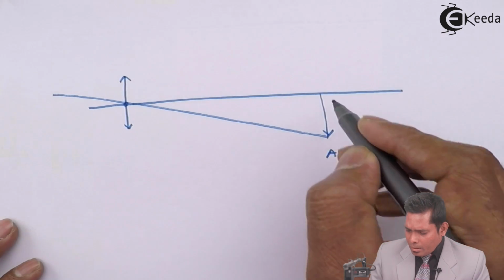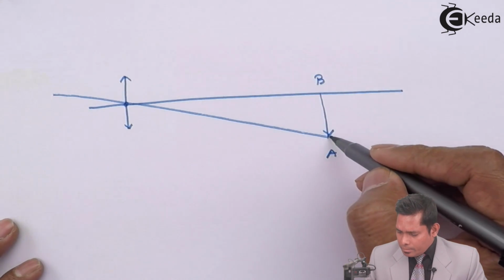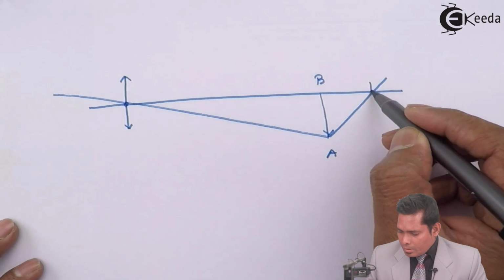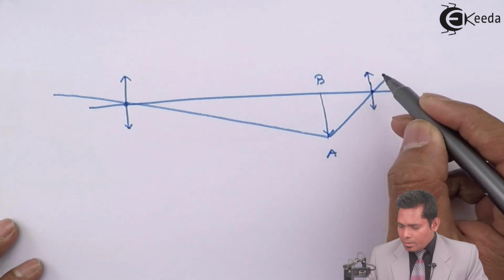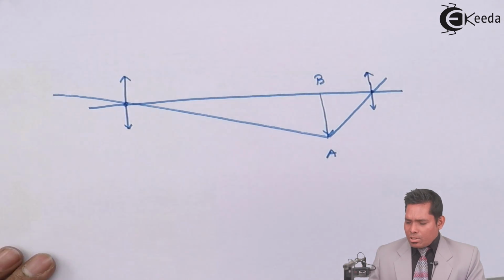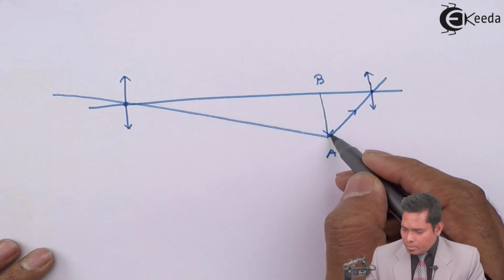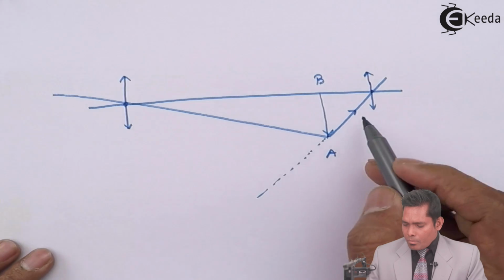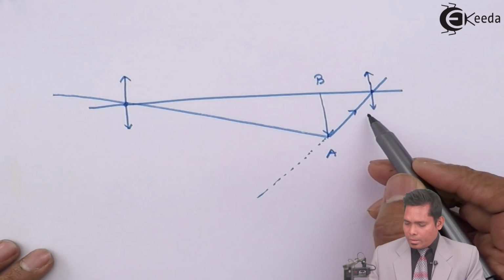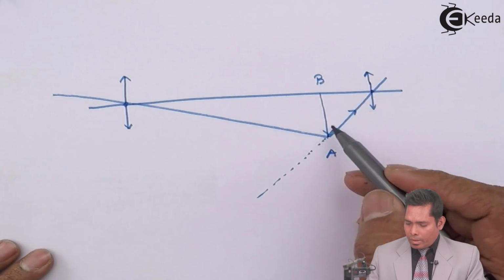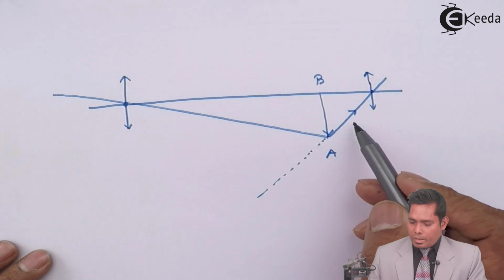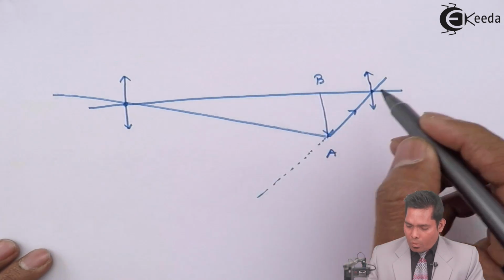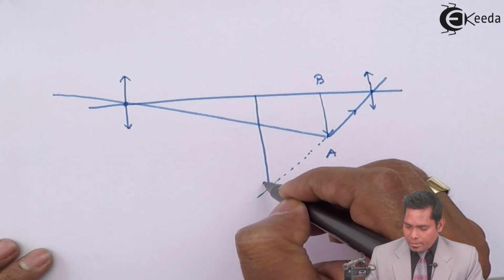This is our AB, and this is the lens, the eyepiece lens, and that is extended in the backward direction, because another ray will go from here and that will be going, one will go straight, and suppose the image that is formed is somewhere here.